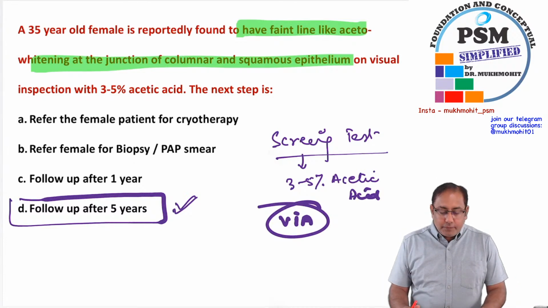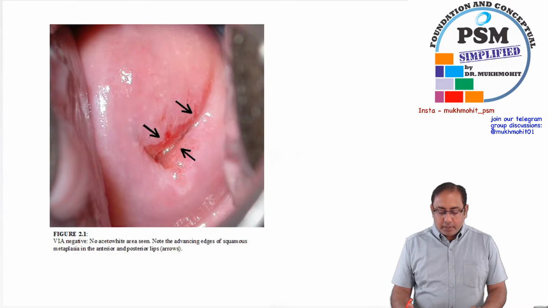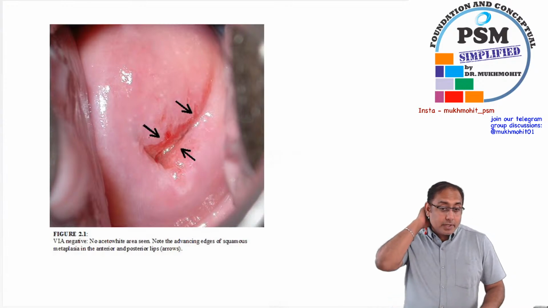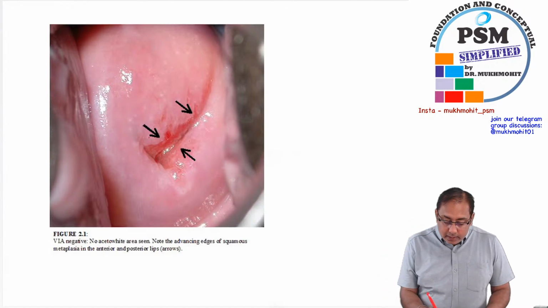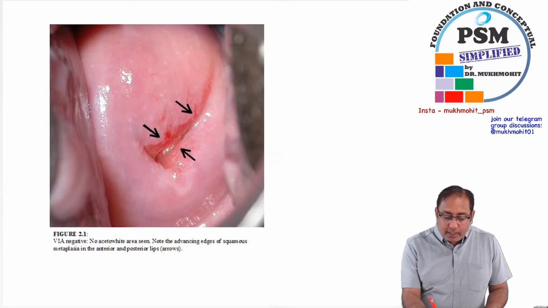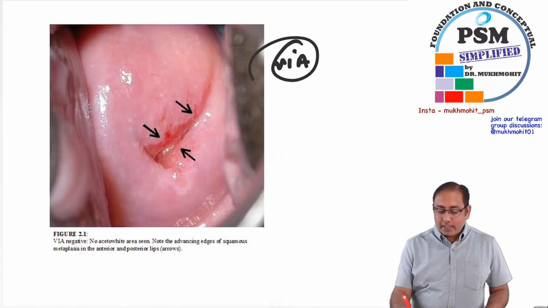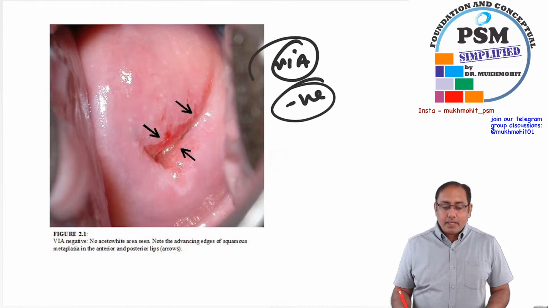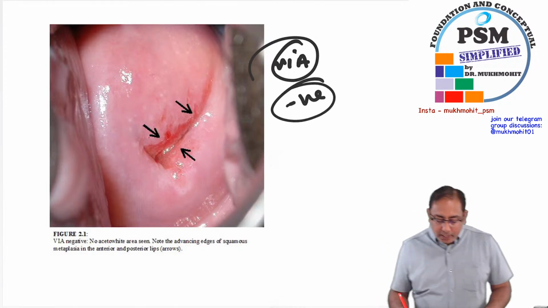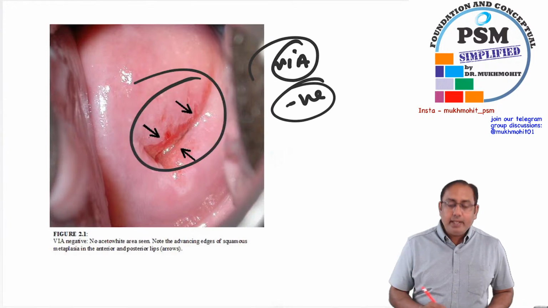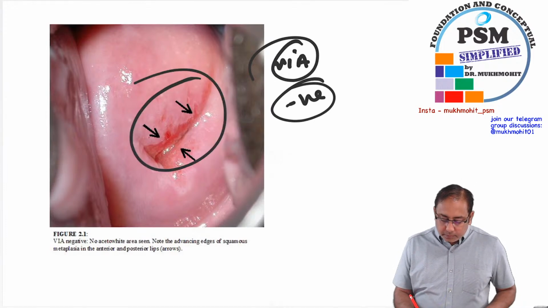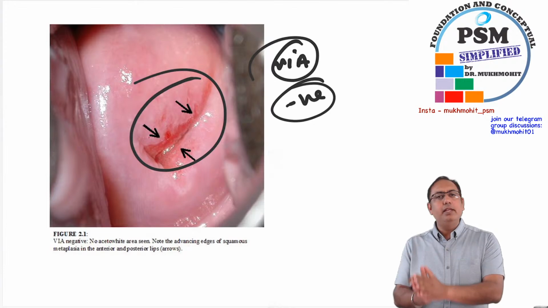Okay. So if you look at the acetic acid on the cervix, when will you say the VIA is negative? We will say it is negative when there is no aceto-whitening area, or the edges are very clean and demarcated.